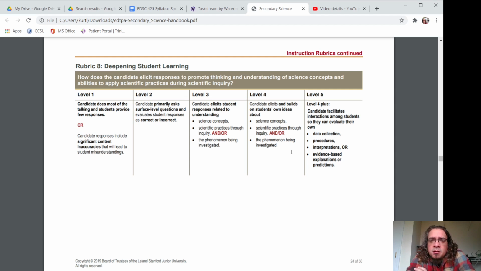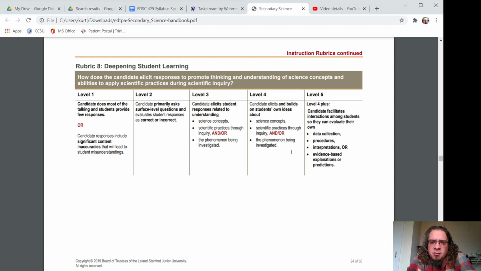So what's level 5? Candidate facilitates interactions among students so they can evaluate their own, and then you see the list there with an or. Okay, so it's not so much the concepts or the skills themselves, it's more of the way in which you're engaging the students to deepen their own learning.